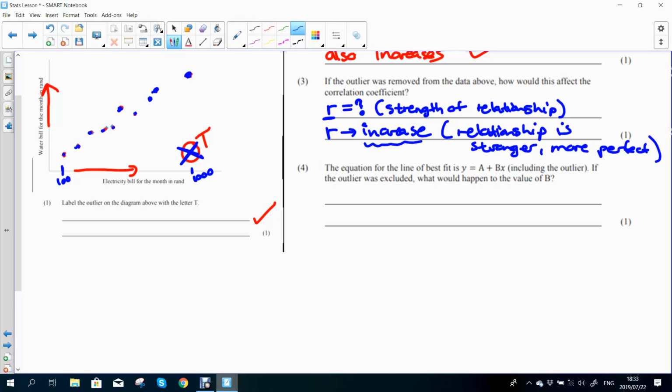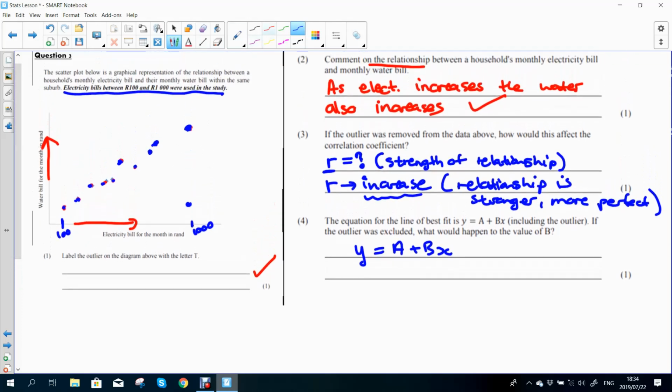The last question. The equation of the line of best fit is y equals a plus bx, including the outlier. So let's just cross that out. The outlier is now in play. And then it says, if the outlier was excluded. So now at the moment, if you have to draw a line of best fit, where would you more or less put it?